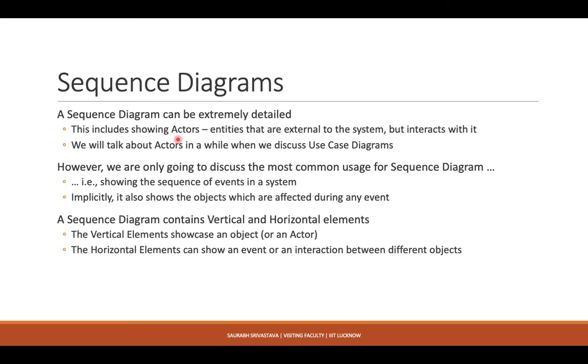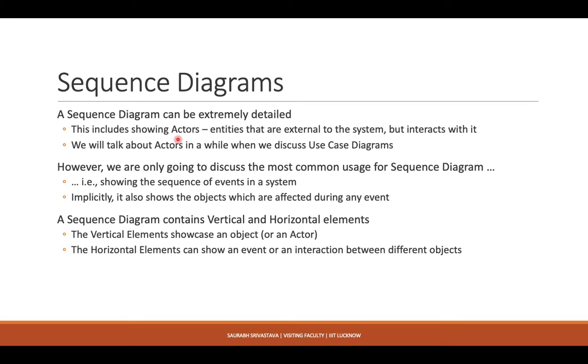The typical example is your system's user. Okay, the user is not a part of the system, but he or she is going to interact with the system. Another person who would probably need access to your system could be, let us say, a maintainer. Okay, a person who's going to maintain your system. That person too might require certain inputs from your system.